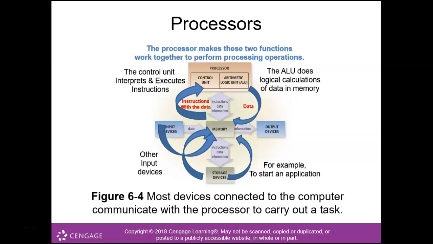From memory, the instructions with the data go into the processor control unit at the top of the slide, and that control unit is going to interpret and execute these instructions. Sometimes those instructions require logical calculations, so we use the arithmetic logic unit, or ALU, to do that. And that is going to restore the updated data back into memory on your computer, as shown in this slide.